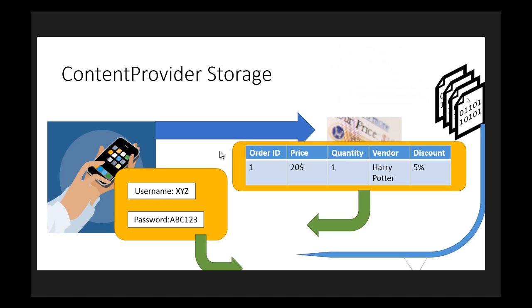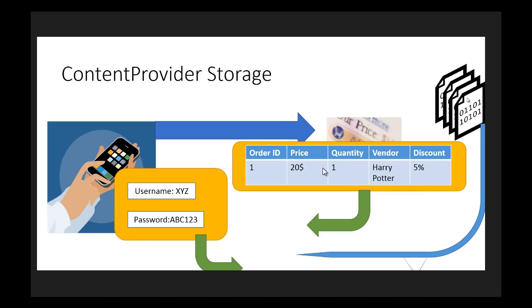Same scenario, you store your data inside a database, and you decide which part of the data is accessible to external apps, or which part is private to your app. For example, I have these details, and I want to store this type of data in a file or a database. This is my username and password. I want this part of the data to be private, and this part to be accessible to external apps.